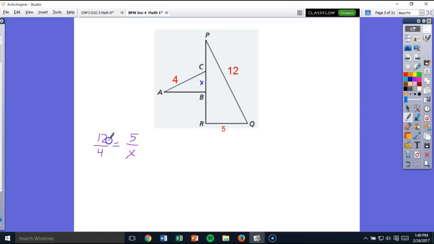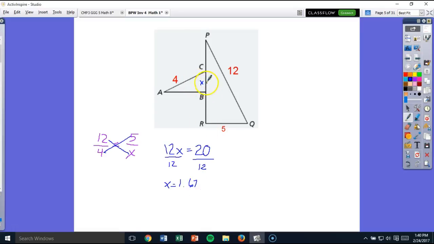So we're gonna take 12 times x, okay, equals our 5 times 4, or 20. Okay, 12x equals 20 because we're cross multiplying. We divide both sides by 12, and we wind up with x equaling 1.66 repeating, or 1.67 units.